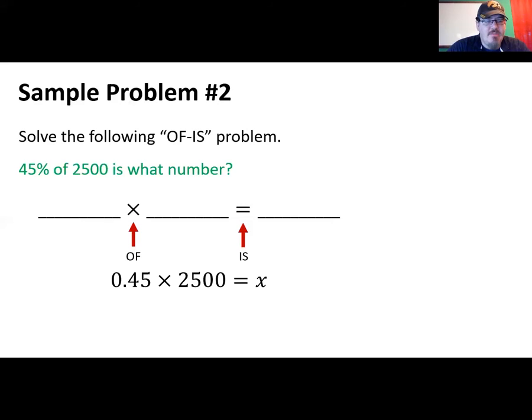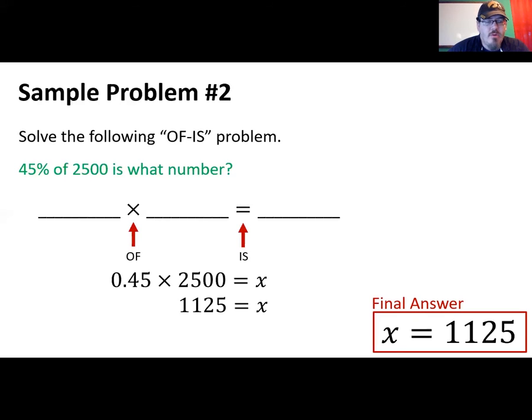We're going to take that times 2,500. That equals our unknown, our x. Now in this situation, the x is already by itself on the right-hand side, so we simply need to multiply our values together. So 0.45 times 2,500 is 1,125. That is our solution. That's the number we're looking for, and so we are good to go.